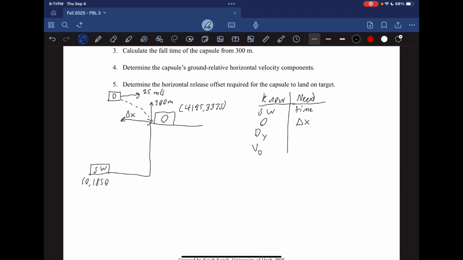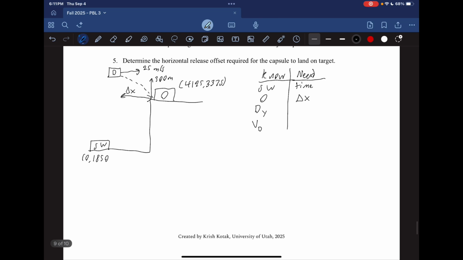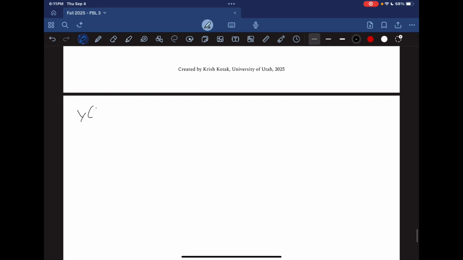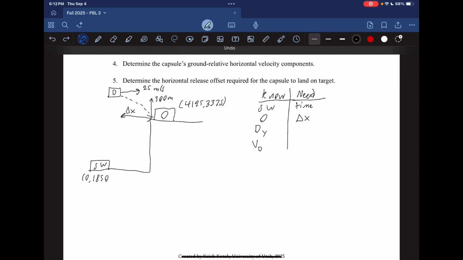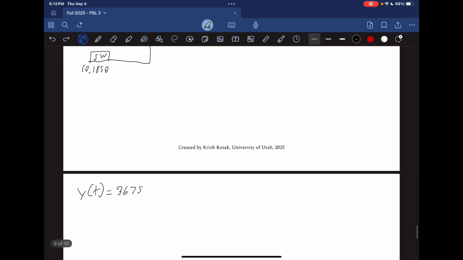So, first thing I'm going to do is solve for the time. I'm going to come down here actually. I'm going to use y of t equals 3675. This comes from the dy here. And this just comes from the fact that it is 300 meters above this 3375.